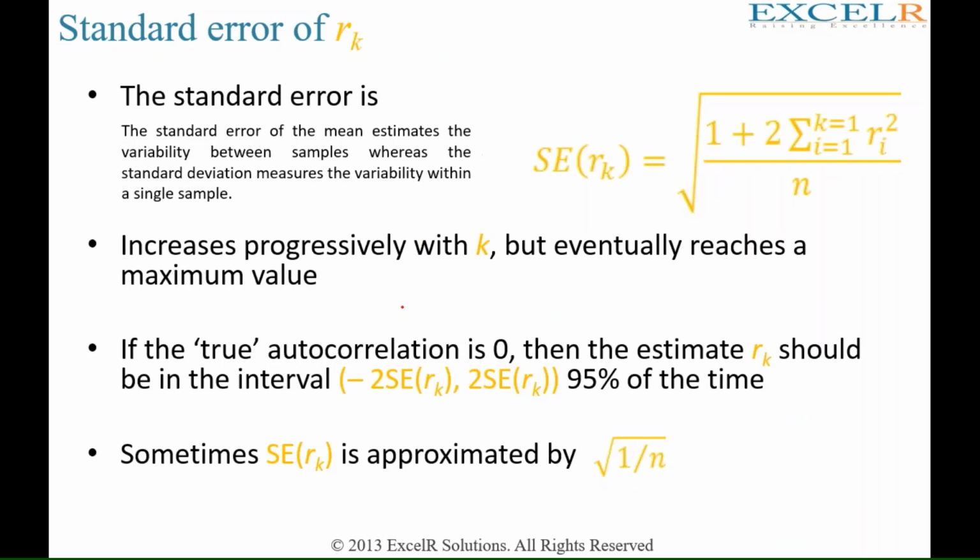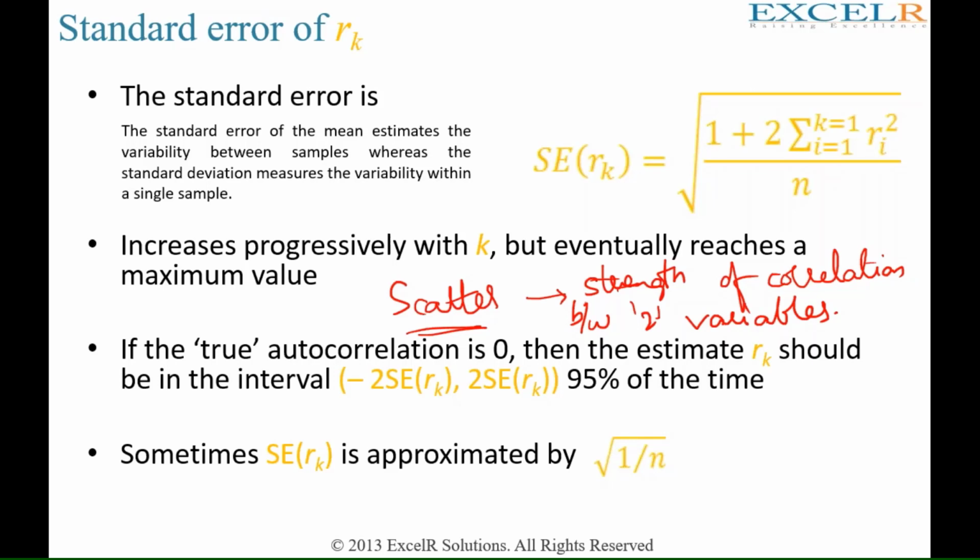For a scatter diagram, how do you determine objectively the strength of the correlation between two variables? When we started off this course, in the fourth session, I believe, or maybe the third, we discussed the scatter diagram. Remember that?